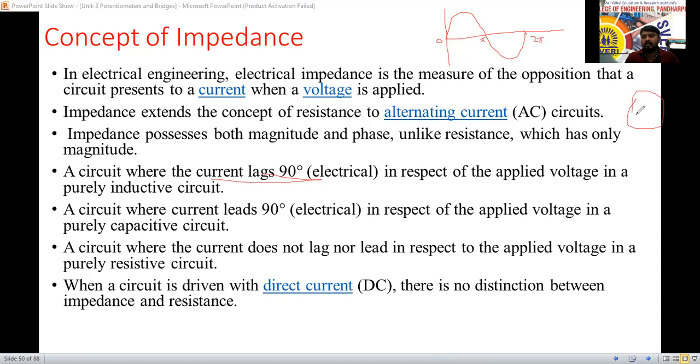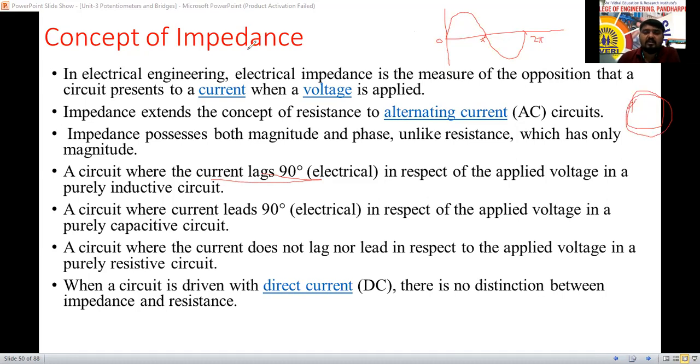In a circle, what is the angle in degrees? 360 degrees. From 0 to pi is 180 degrees, and from pi to 2 pi is another 180 degrees. 180 plus 180 is 360 degrees, so that is one cycle completed. From 0 to 0 means one cycle.